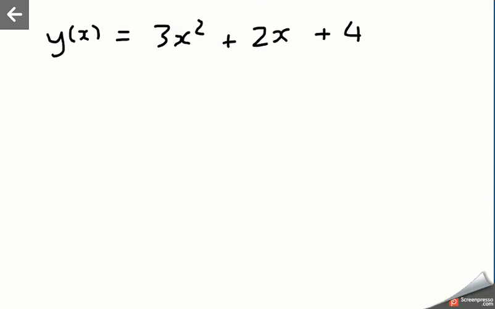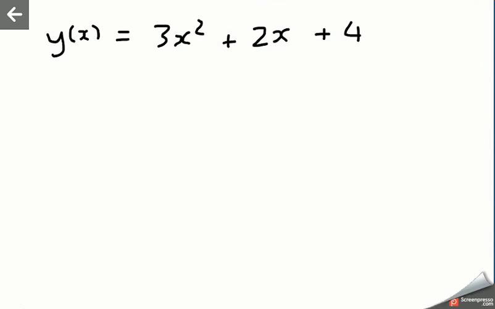So first of all, let's do an example of the function y of x equals 3x squared plus 2x plus 4. Now I want to find what is called the antiderivative of y of x.